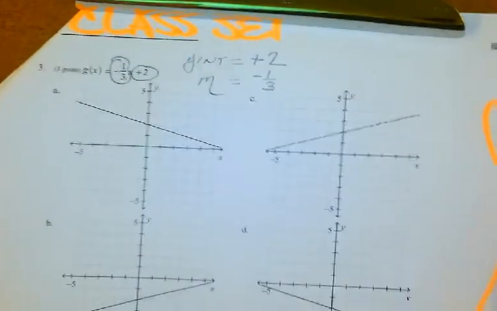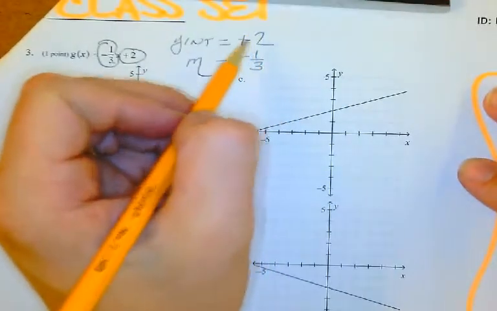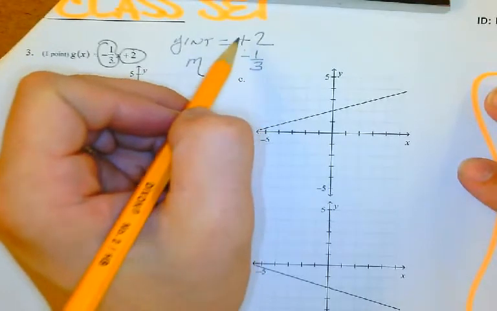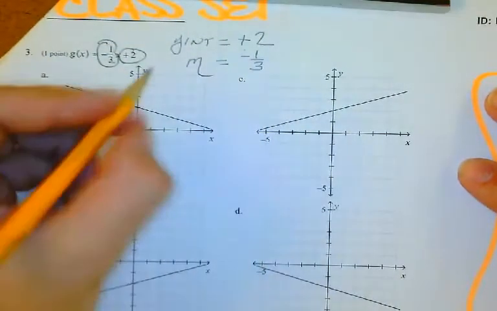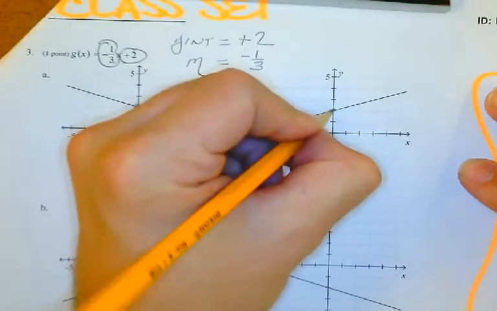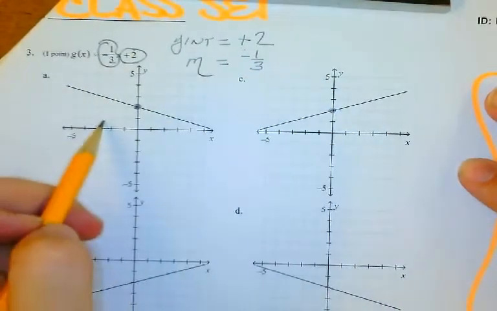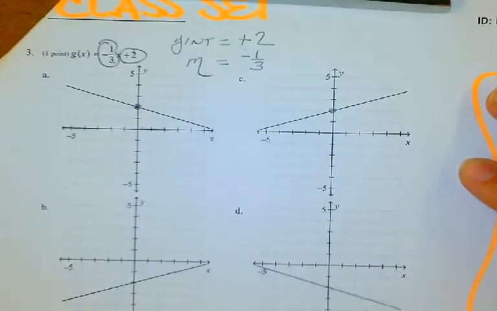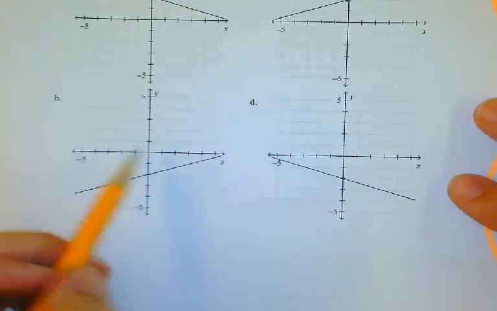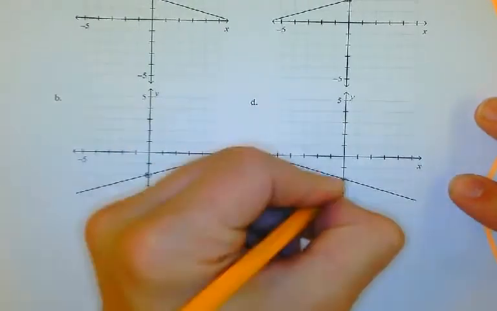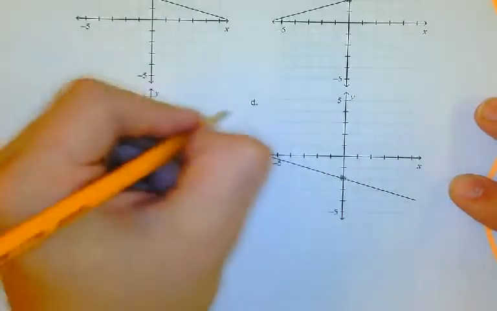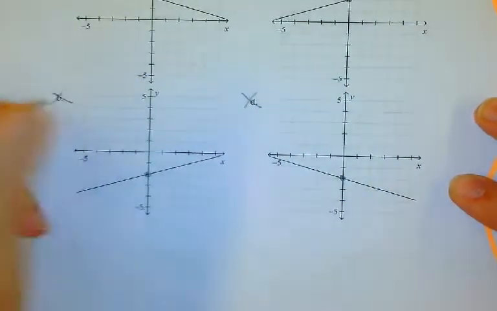All right, so some good hints here. We know we're looking for a line that crosses through positive 2. This crosses through positive 2. This crosses through positive 2. Both of these could be our answers. This crosses through negative 2. This is negative 2. So neither of these can be our answers.